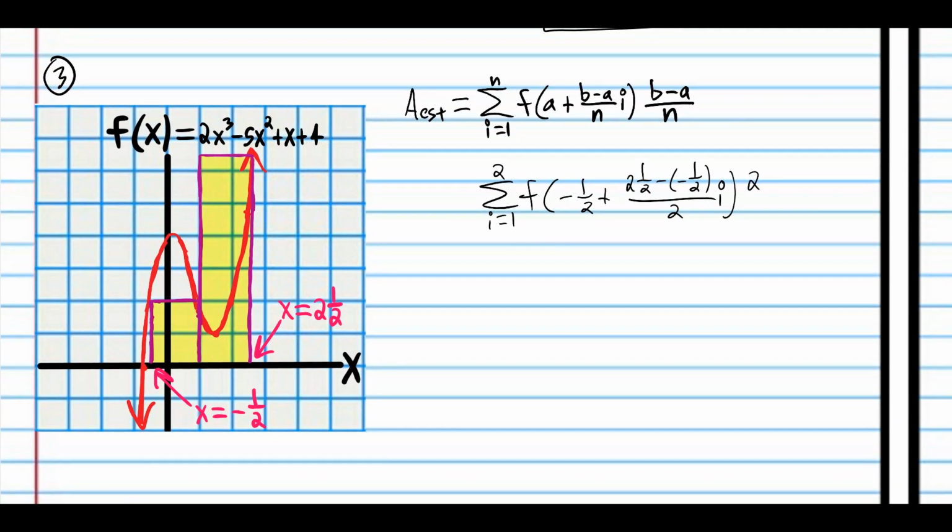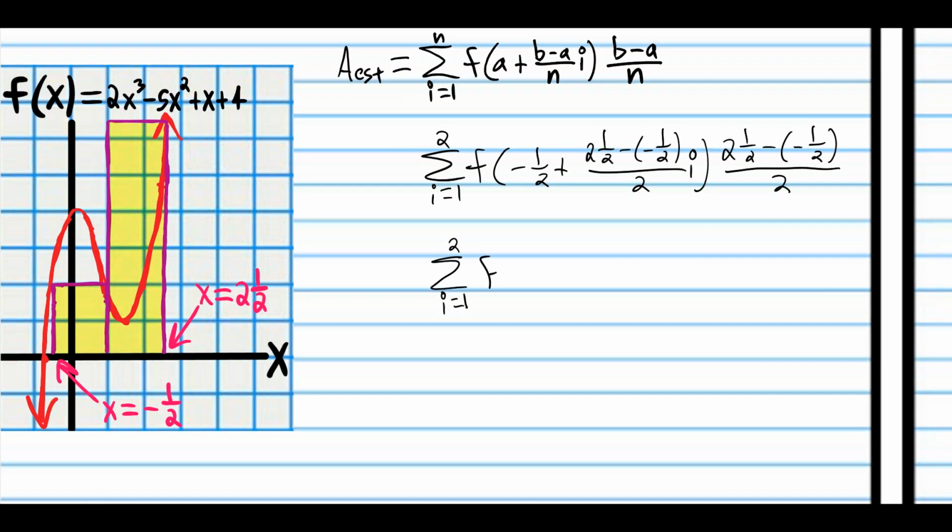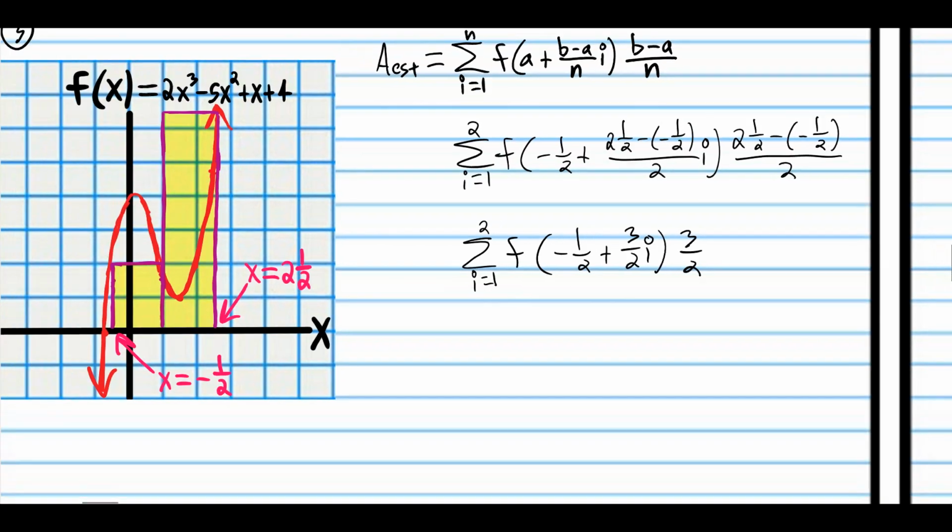And then we have B minus A over N, which represents the width of each rectangle. So 2 1/2 plus 1/2 is obviously 3. And so there you go.